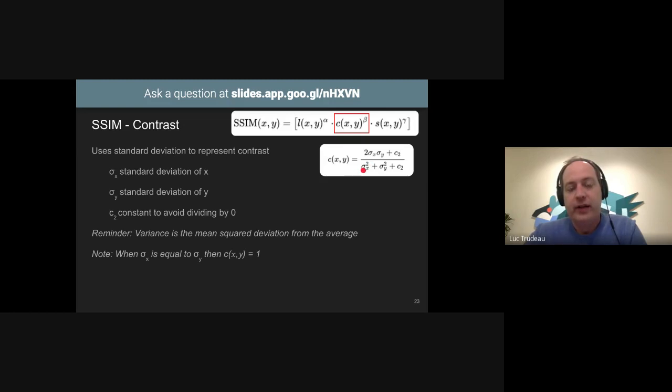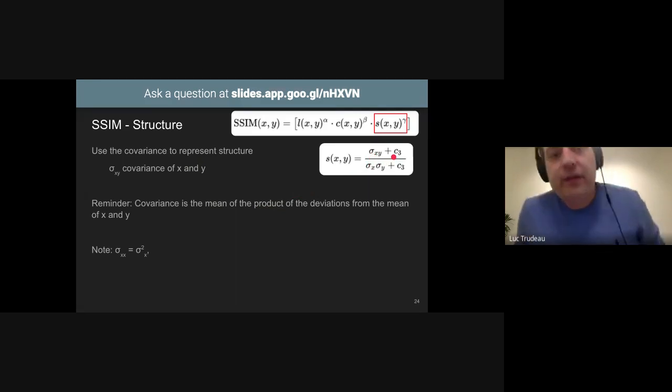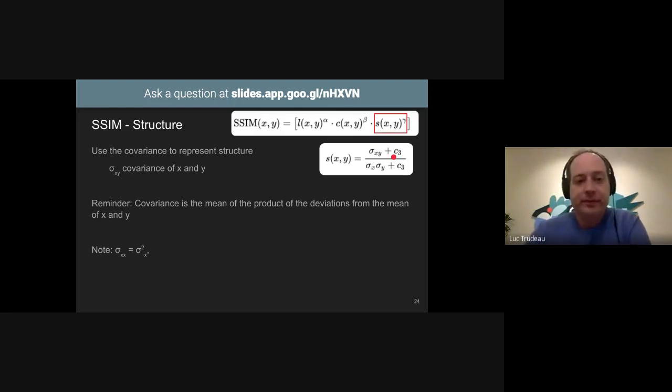Interesting note here, you're using the square of the standard deviation, and that is just a variance. So next, for structure. Structure uses covariance. Covariance is just the product of the deviation between two different values. So we see it here, and we have some C values, so C3, we just ignore those.